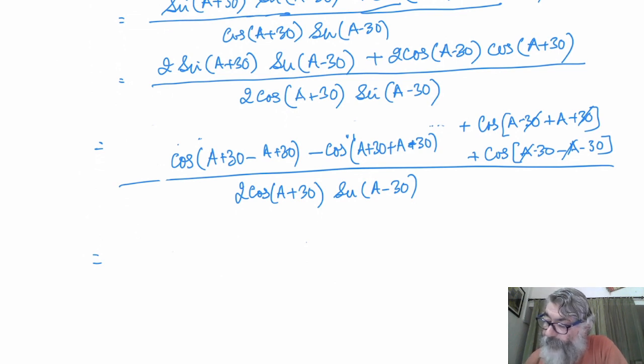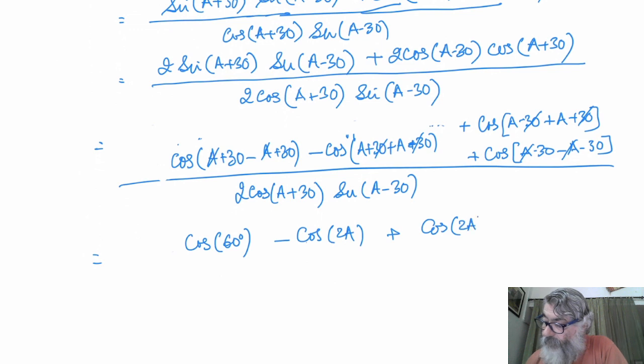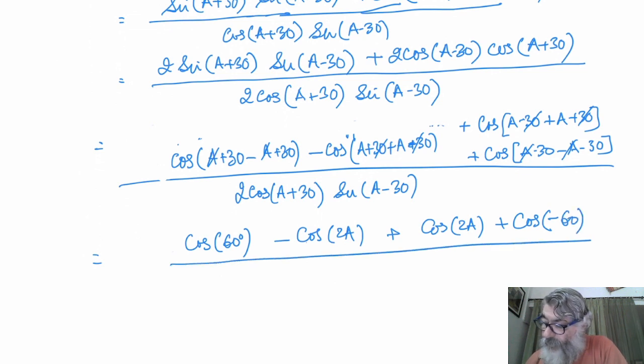Now minus a will cancel, 30 will cancel, so it will become cos 60 and cos 2a plus cos 2a and plus cos minus 60, is equal to 2 cos (a plus 30) sin (a minus 30).